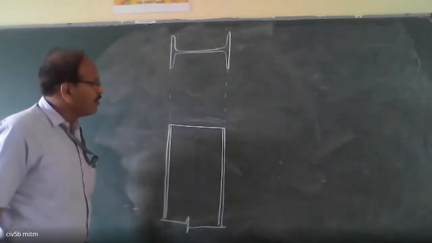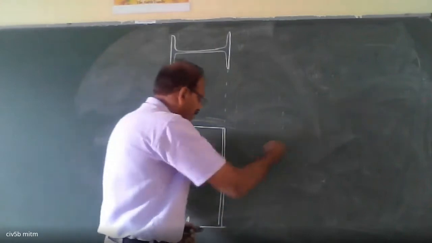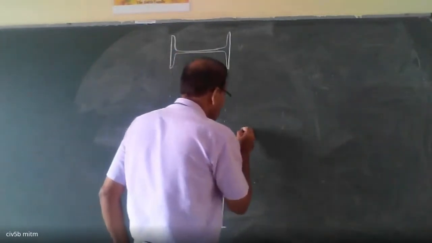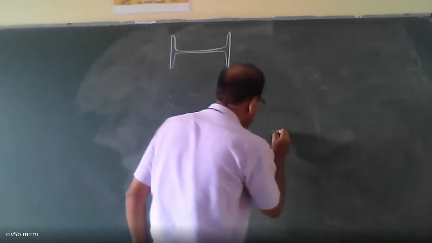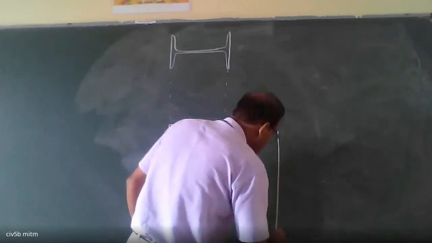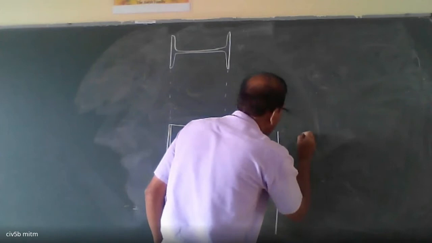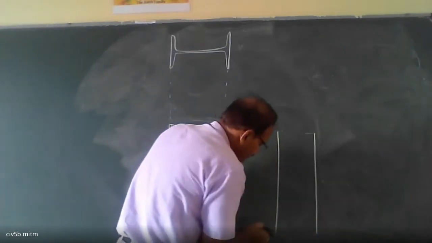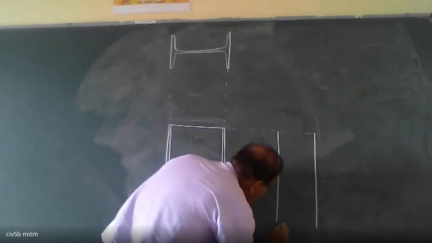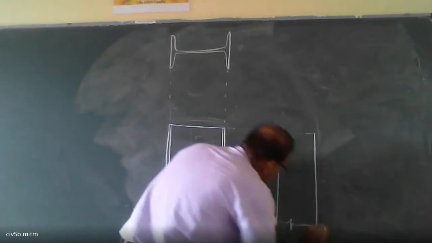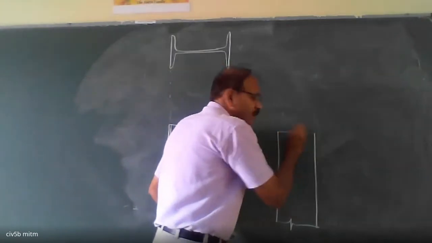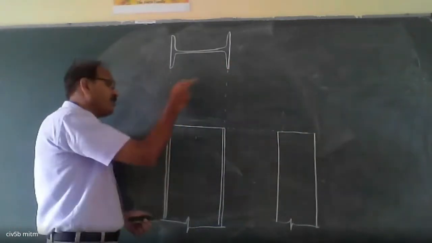Okay. So when you look sideways, you are going to see the flange portion, that is the width of the flange. Because I am using a different size of this section, there will not be complete bearing.